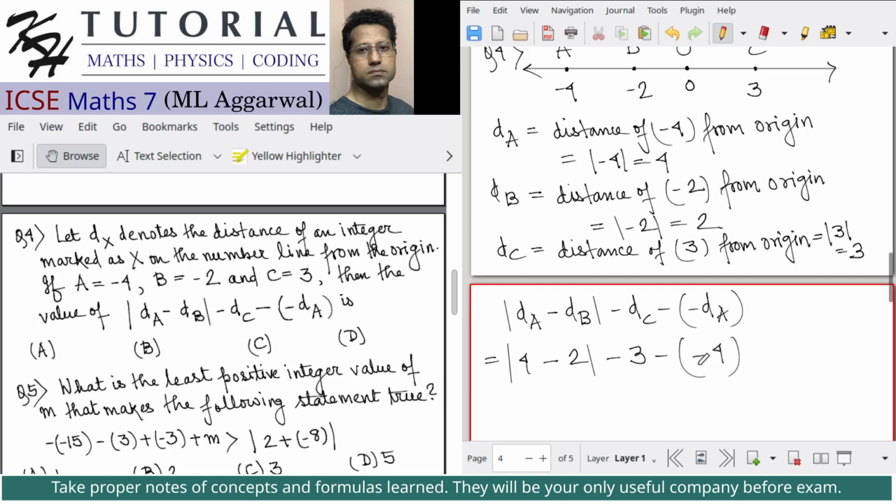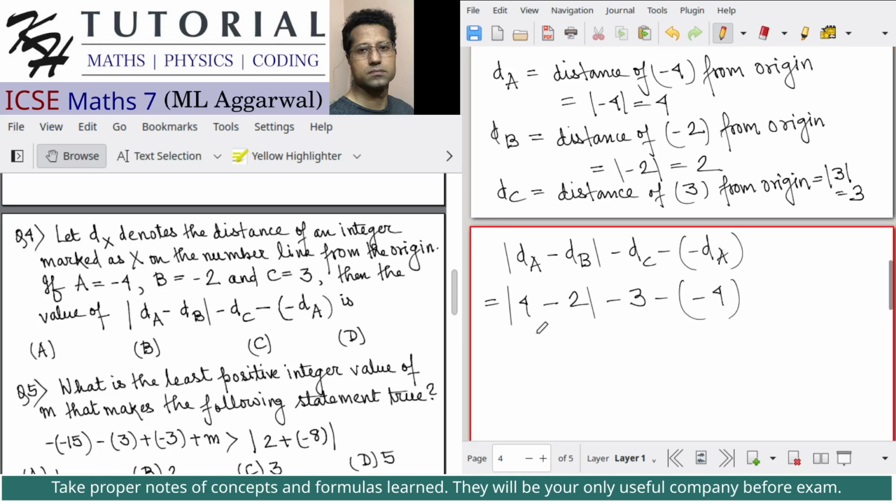So we have to evaluate this numerical expression. Now inside the absolute value we have 4 minus 2, which is 2. So we have the absolute value of 2 minus 3 minus of minus 4. This is equal to 2 minus 3 minus 4.